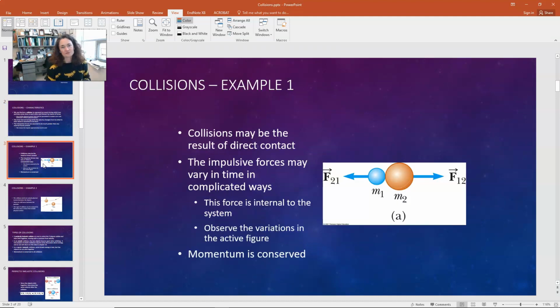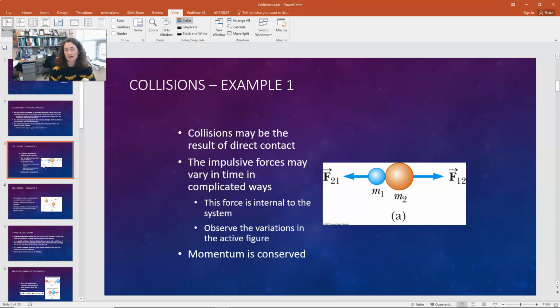All right, so like I said, collisions can be the result of direct contact. The impulse forces can vary in time in complicated ways, but in the examples that we're going to use today, we're going to assume that there's some average force that acts throughout the collision. In all collisions, momentum is conserved, and that's because of the assumption that we made on the previous page that the forces at play during the collision dominate over any other external forces that might be present.